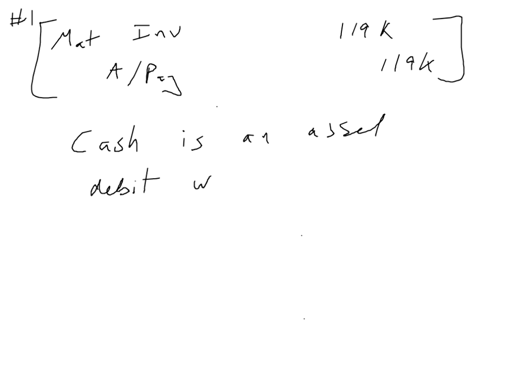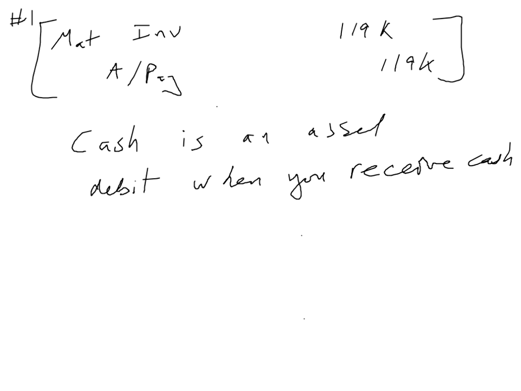So debit when you receive cash, and that's any cash that you receive. So if you borrow, let's say, $1 million from the bank, you're going to debit cash $1 million, and then you're going to credit loans payable.